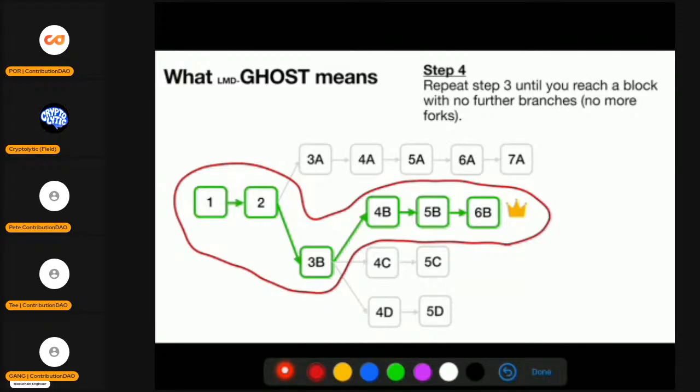I think I have one question. I think it's a very rare case, but what happens if we have two branches that have the same weight? Oh yeah, you can use some deterministic algorithm, for example, you can choose them based on their hash.